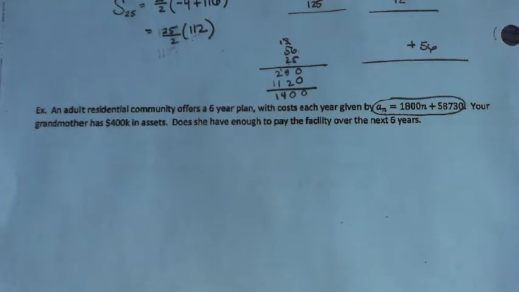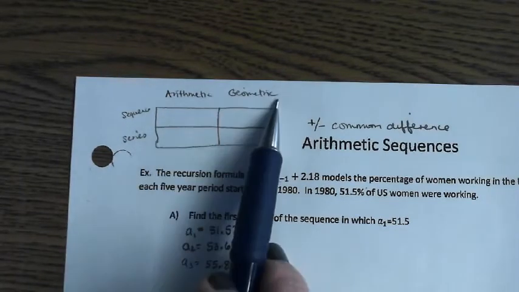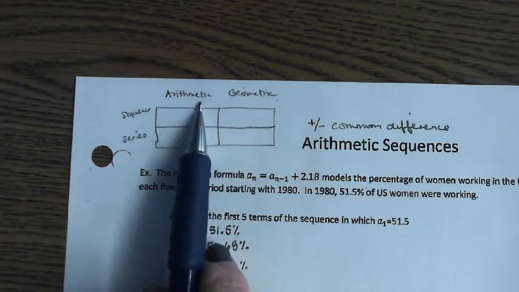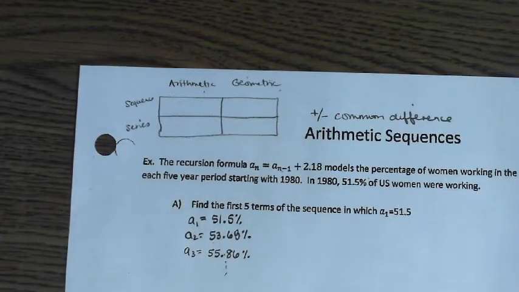So a couple things on a test. You have to, going back to this, make the decision. Is this arithmetic or geometric based on the way it's changing? And then is it a sequence or a series question? Are they asking you for the cost in the 6th year alone? Or are they asking you for the total cost throughout the 6 years?